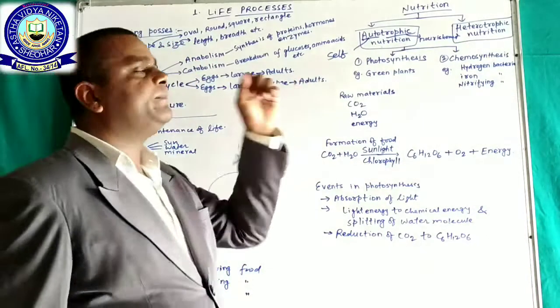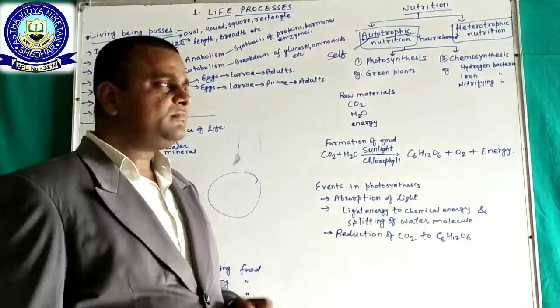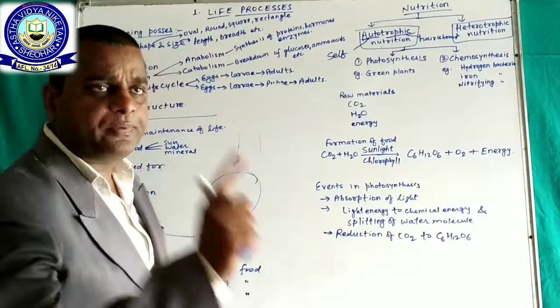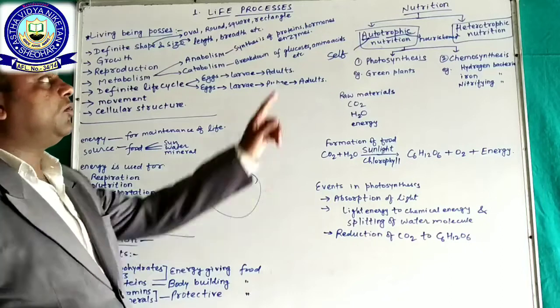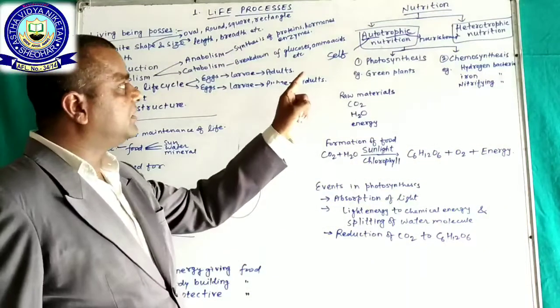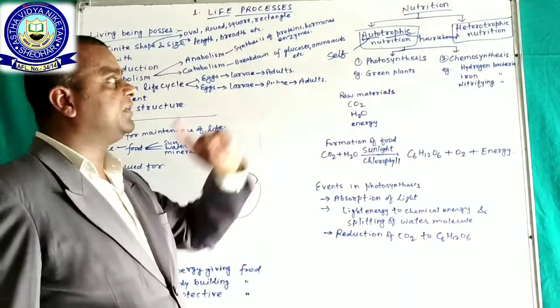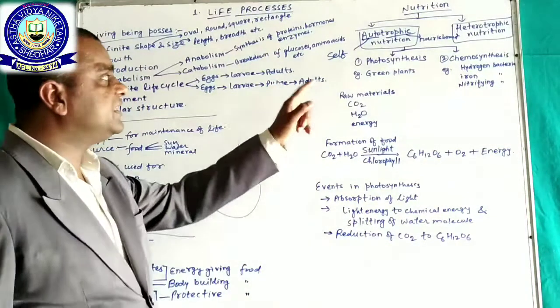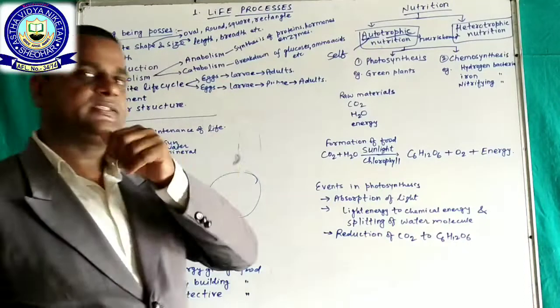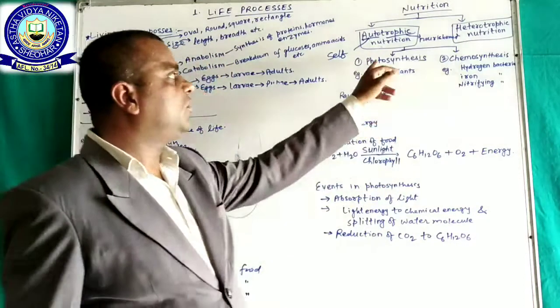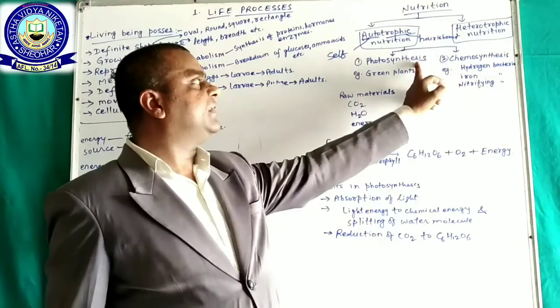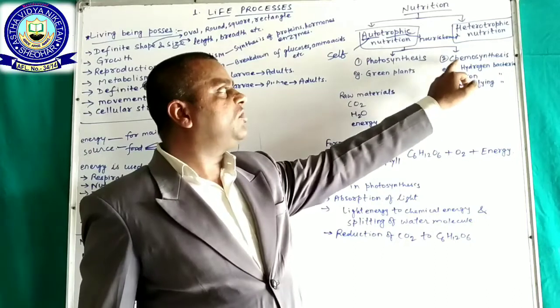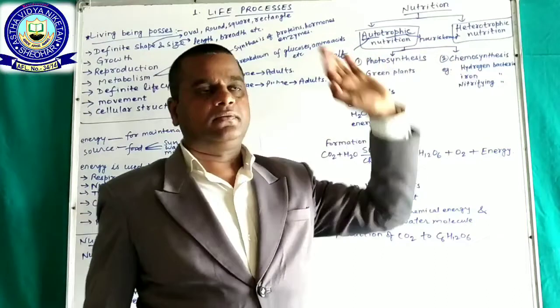Autotrophic nutrition: the organisms which make their own food are called autotrophic. That is called autotrophic nutrition, and it is of two types: photosynthesis and chemosynthesis. It is also called photoautotrophic and chemoautotrophic.